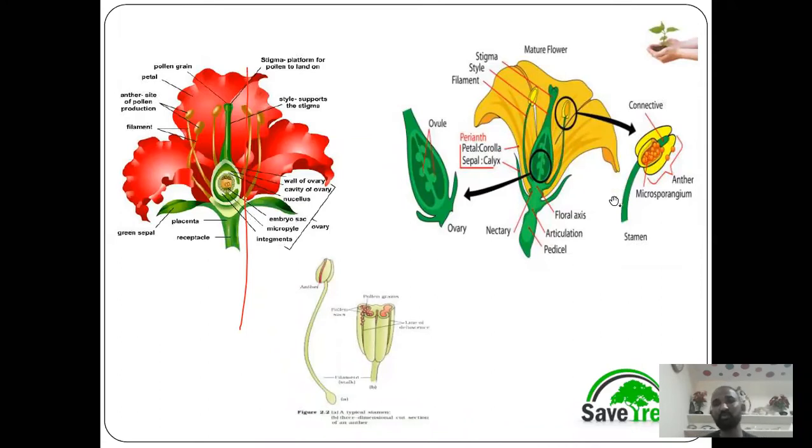The androecium consists of two parts: the long stalk, known as the filament, and the terminal part, which is called the anther. The anther produces the pollen grains, which act as the male gametes. This is the common structure of a flower present in flowering plants.